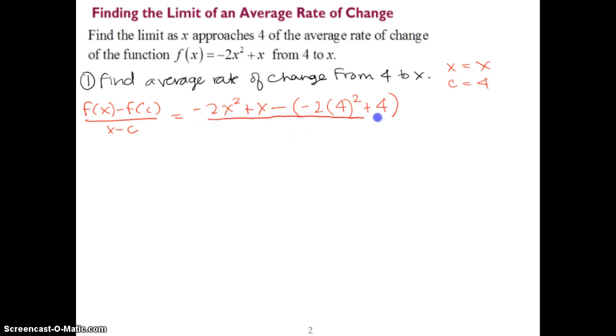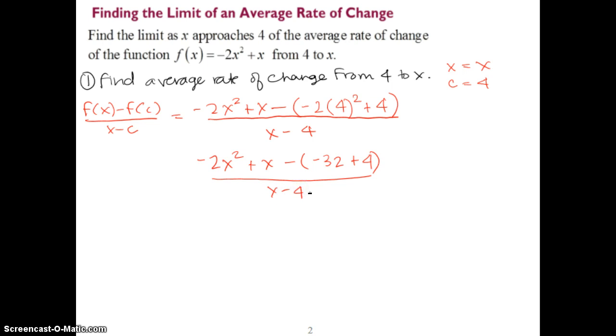Okay, and so our denominator, x minus c, is just going to be x minus 4. So now, just to simplify this expression, this is going to be negative 2x squared plus x minus, what is that, 16 times negative 2 is negative 32, plus 4, over x minus 4.